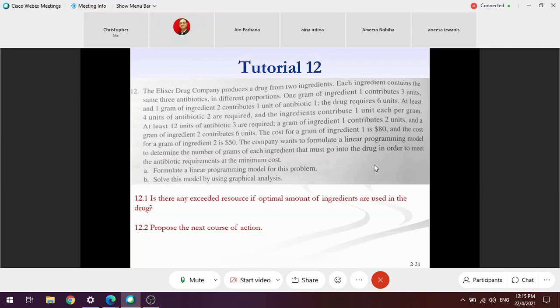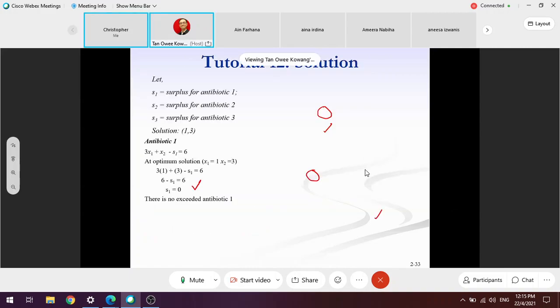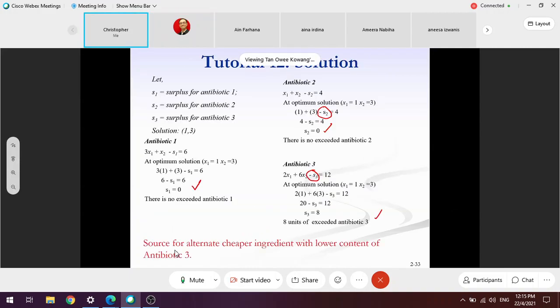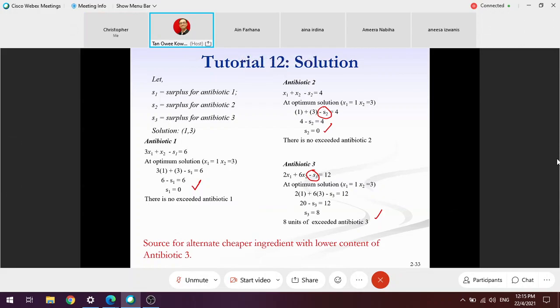So you have to deal with the ingredient. So basically you have to source a cheaper ingredient with lower antibiotic content. Just like the super grow and the quick crop, you're not able to control the content. You're only able to control the material. So you need to source cheaper and lower content. What does it mean? It means like this, the formula of the drug calls for 12 units of antibiotic 3. Okay.